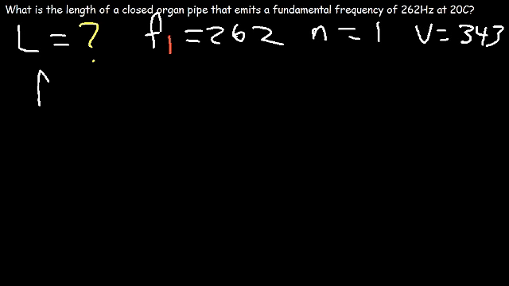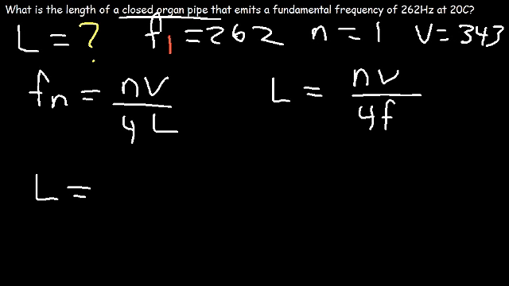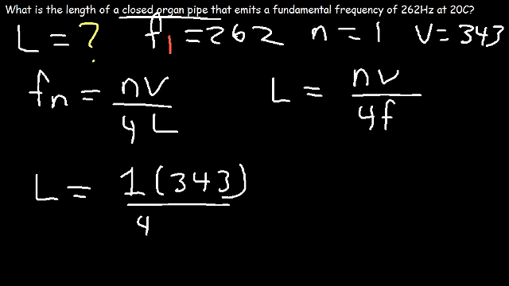So once again, we can use this equation, nV over 4L, not 2L, because we have a closed organ pipe. So to solve for L, it's going to be nV divided by 4 times the frequency. So n is 1, V is 343, and F is 262.